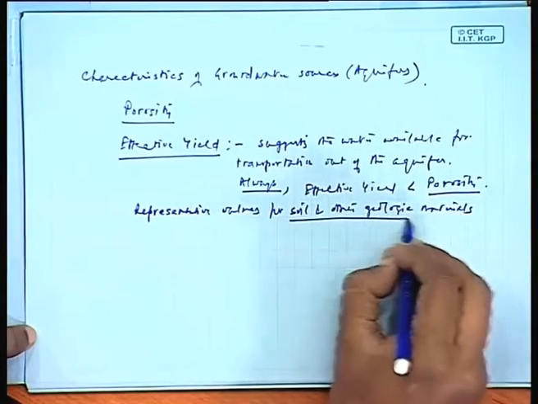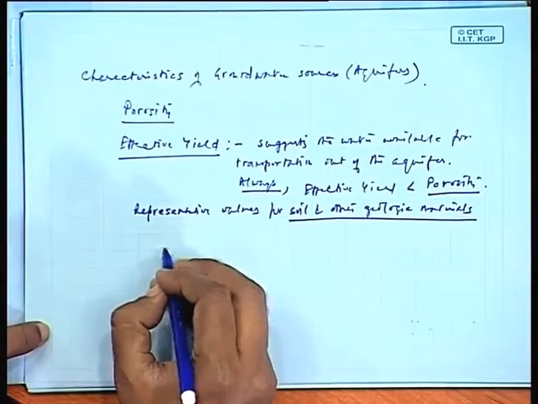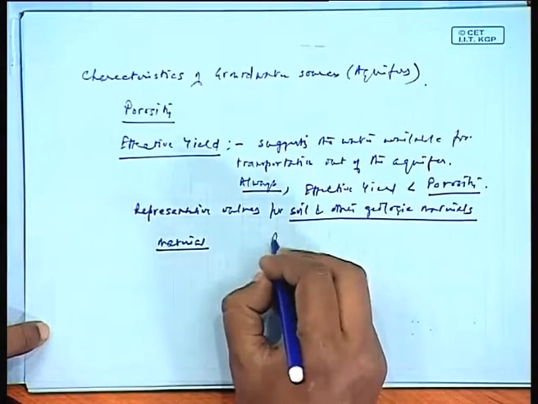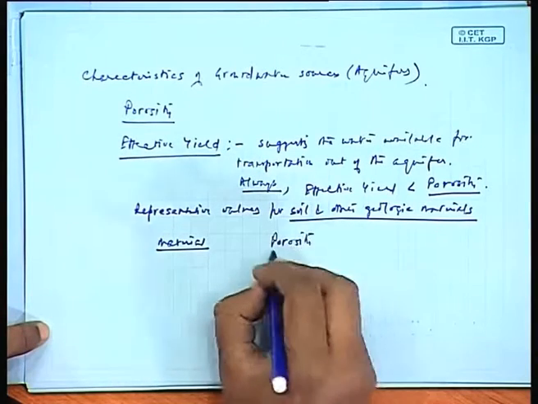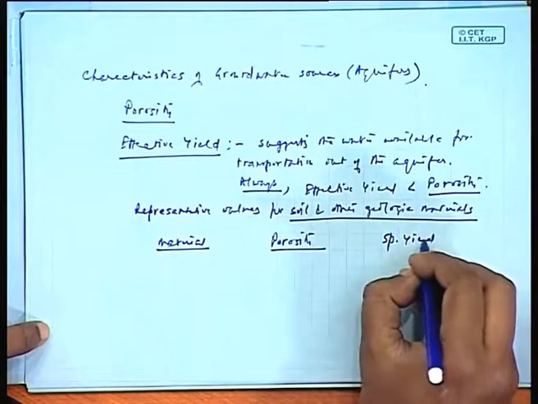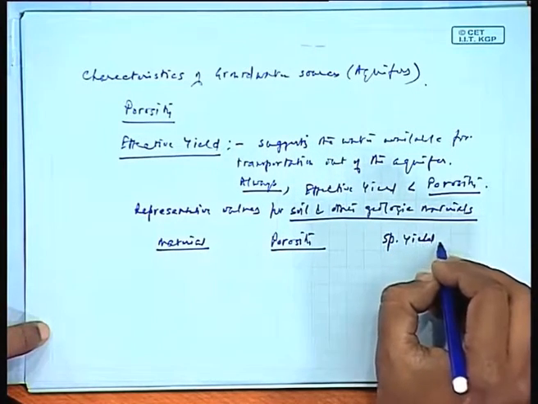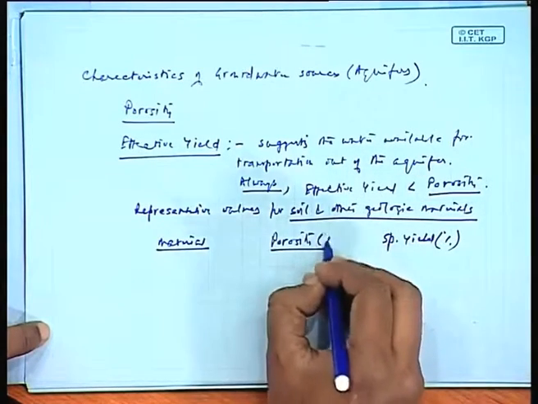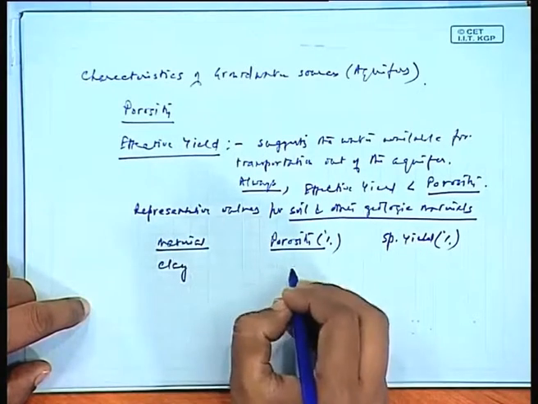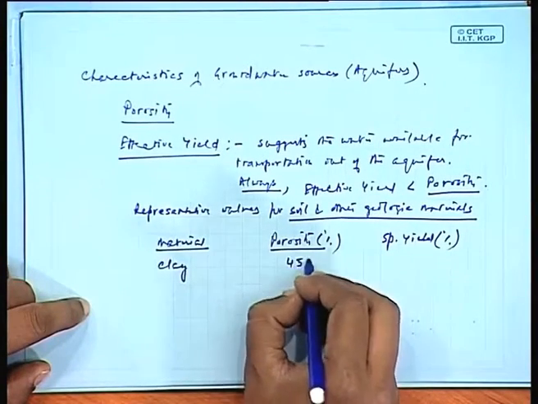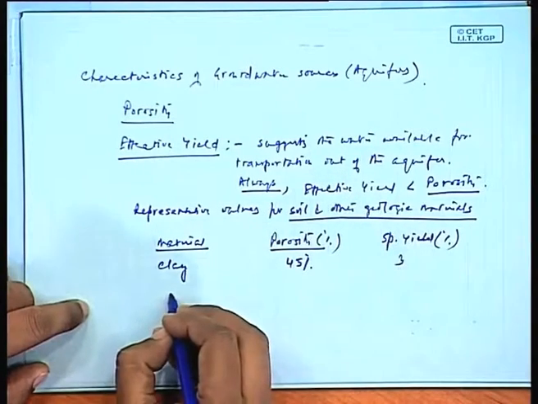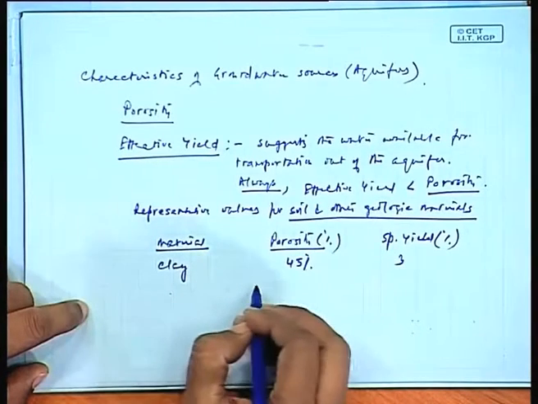You can write the representative values of the material: this is porosity, and this is specific yield, in percent. Clay has high porosity, but specific yield is very low.